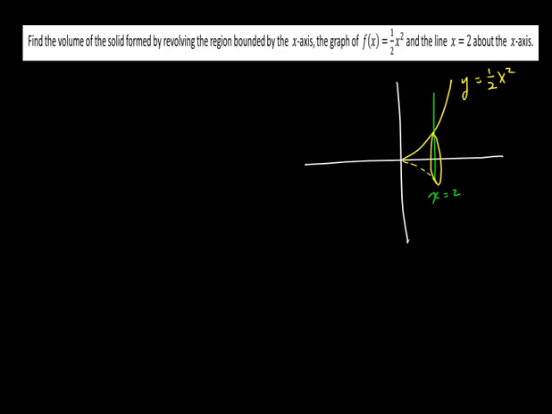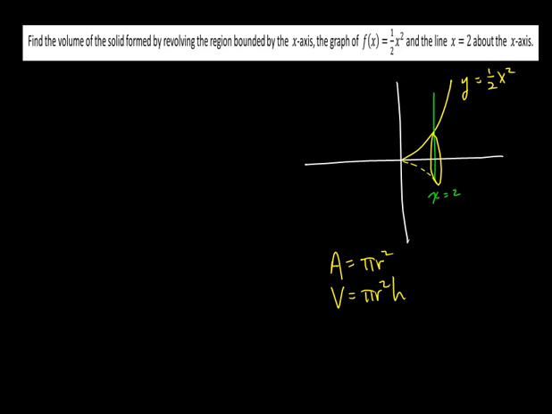And each cross section of that perpendicular to the x-axis, each slice of that, will be circular. And because it's circular, it will have an area of pi r squared. And if we add a little height, a little thickness to that circle, we will then get a cylinder, a slice of a circle that will have volume to it.